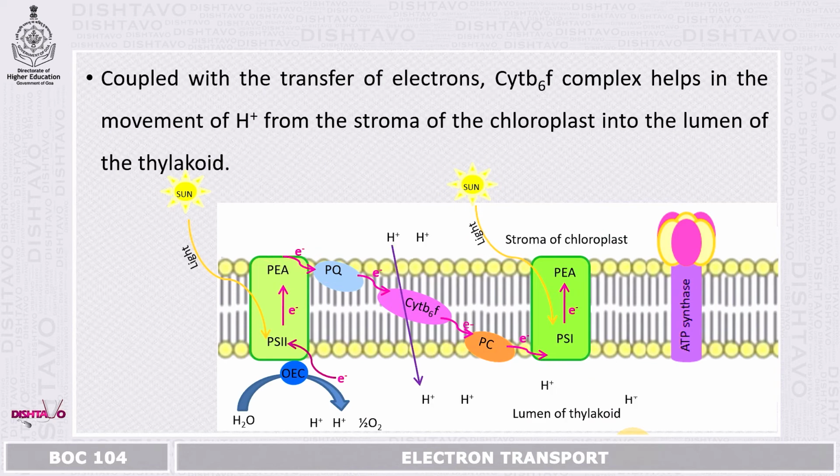Coupled with the transfer of electrons, the cytochrome B6F complex helps in the movement of protons from the stroma of the chloroplast into the lumen of the thylakoid.